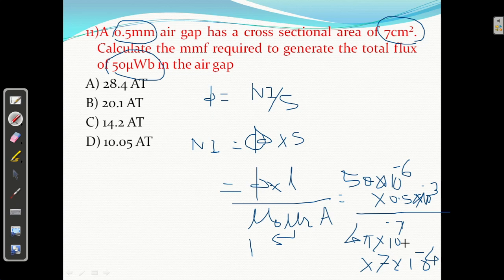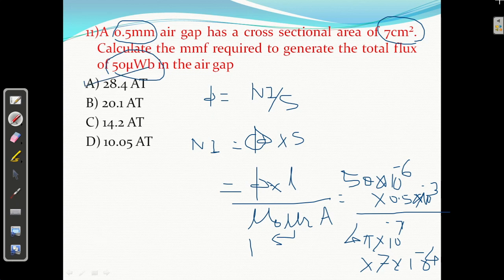So if you solve it, you will get total Ni equal to 50 into 0.5 into 10 raised to power minus 9 upon 4 pi into 7 into 10 raised to power minus 11. So you will get 28.4 ampere turn. That is the correct answer.